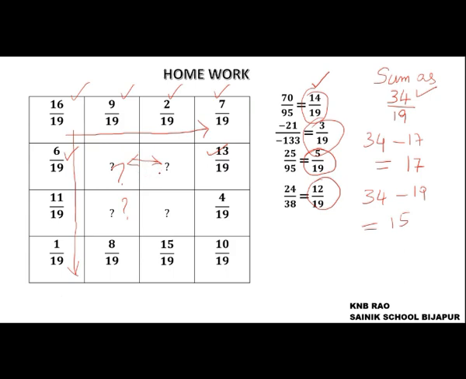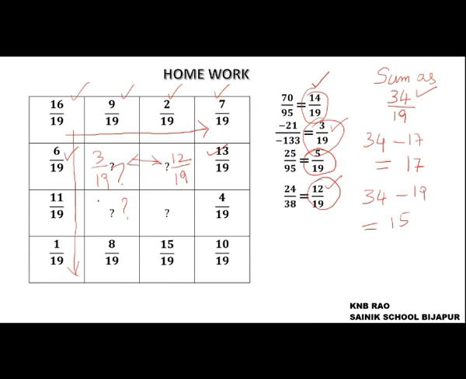Which two rational numbers suit? 3 plus 12 is 15. That means here either 3 by 19 or 12 by 19 is supposed to come. Next, let us consider I have taken 3 by 19. That means automatically I have 12 by 19 here.